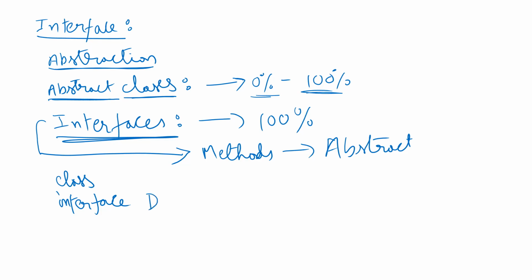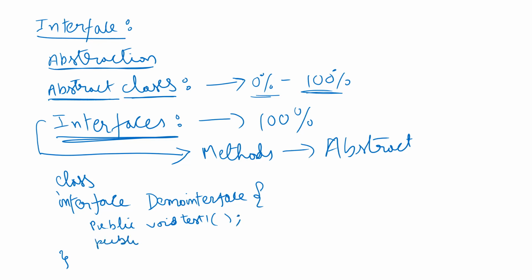Let's say demo interface. And in the brackets, we will declare the methods, but we don't provide any body for those methods. For example, I will declare two methods here. One is public void test1, and I don't declare any body for this one. And the second one is public void test2.